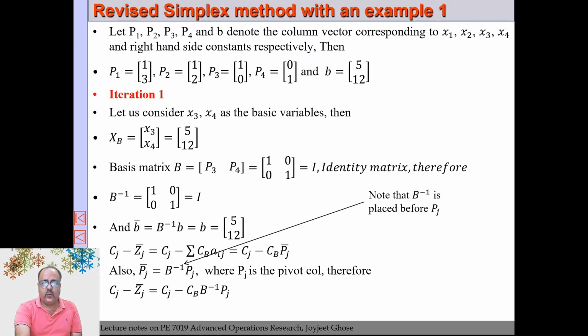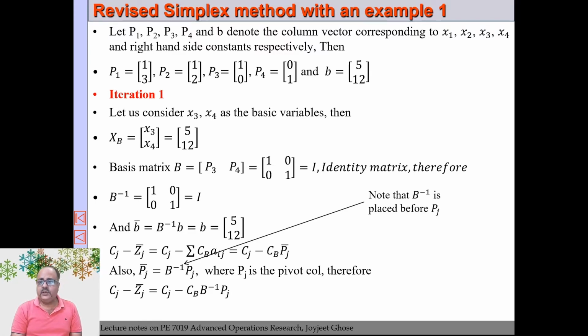Cb is a row matrix consisting of the values of the coefficients of the basic variables in the objective function. Here the basic variables are x3 and x4, so it will be a row matrix 0 0, since the coefficients of x3 and x4 in the objective function are 0 and 0 respectively.